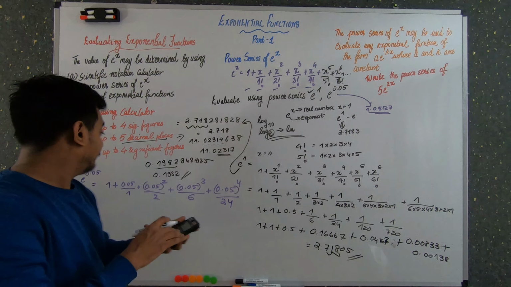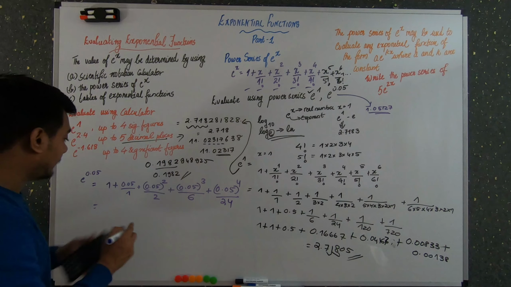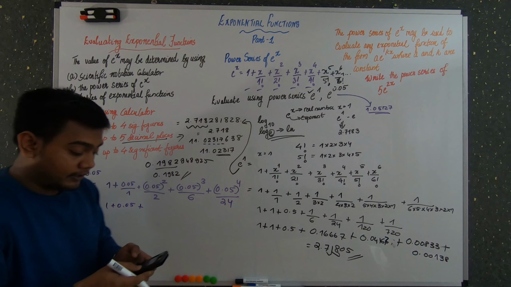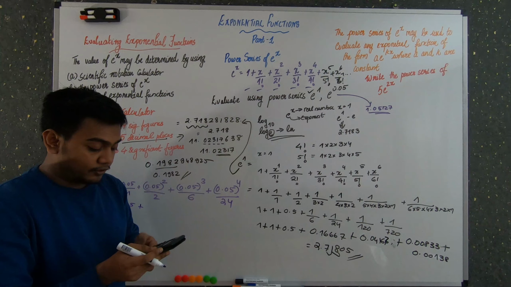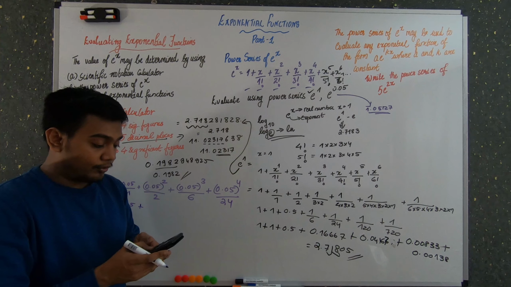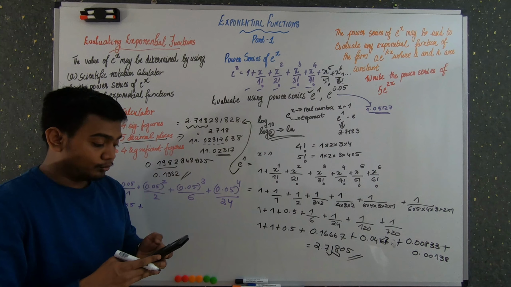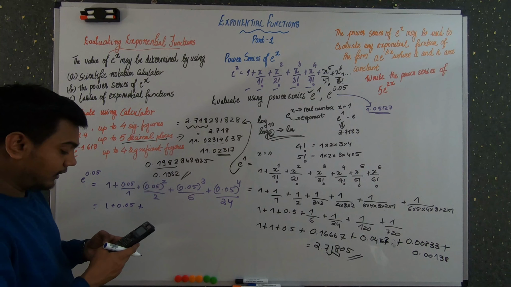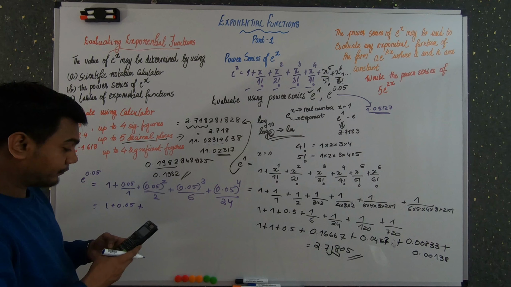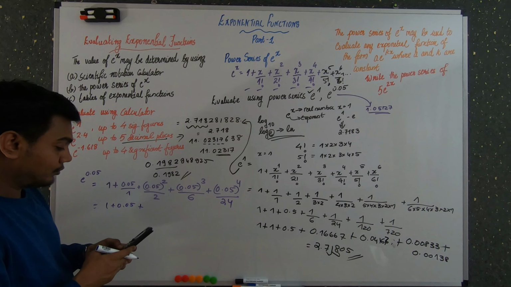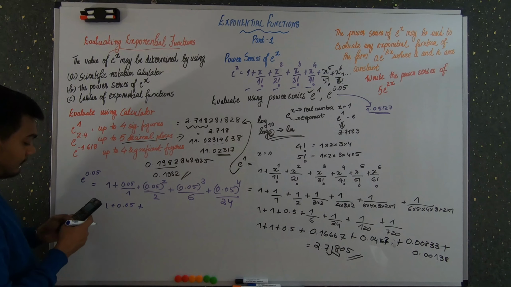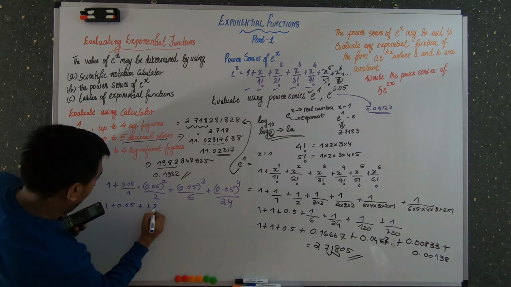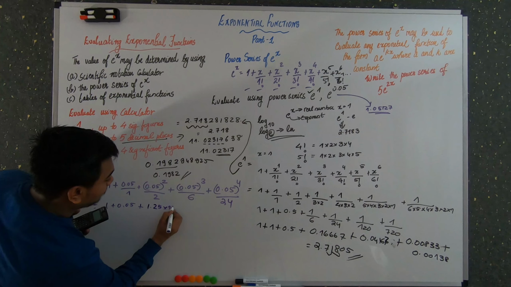Now let's add all these together and see whether we get an approximated value. So 1 plus 0.05. Again, 0.05 whole raised to 2 is 2.5 into 10 raised to minus 3, divided by 2, which is 1.25 into 10 raised to minus 3.